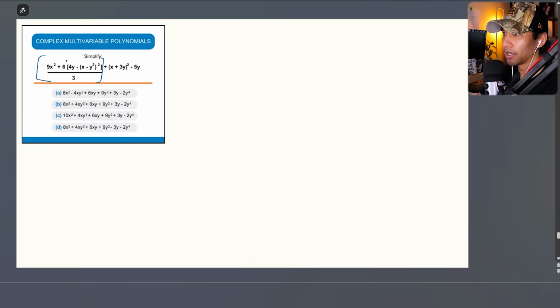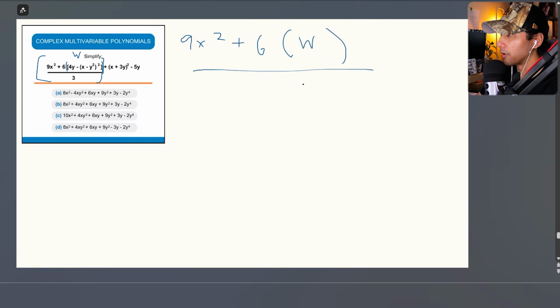And actually, this part, so I don't have to write it all out, I'm just going to call the 4y minus x minus y squared W, because I'm not about to write that whole part out just to show you this, okay? So we have 9x squared plus 6 in parentheses W over 3.